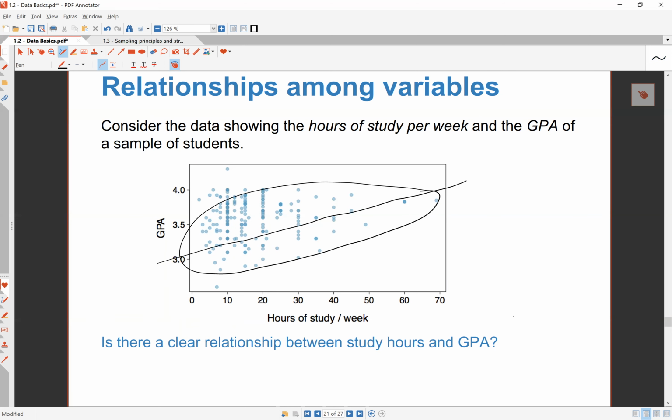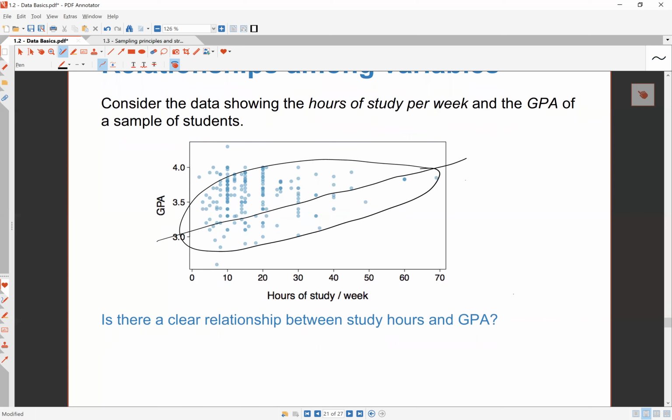But those points are pretty dispersed around the line. So there is some suggestion of a positive, because it's upward sloping, linear association, but it looks fairly weak.